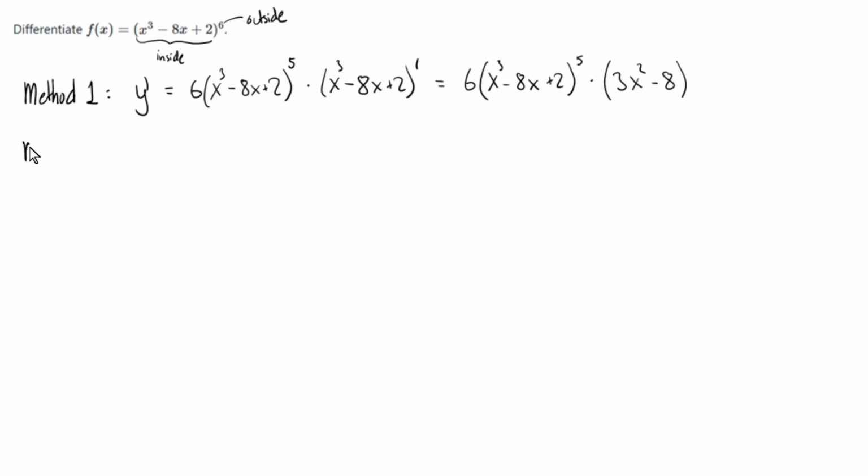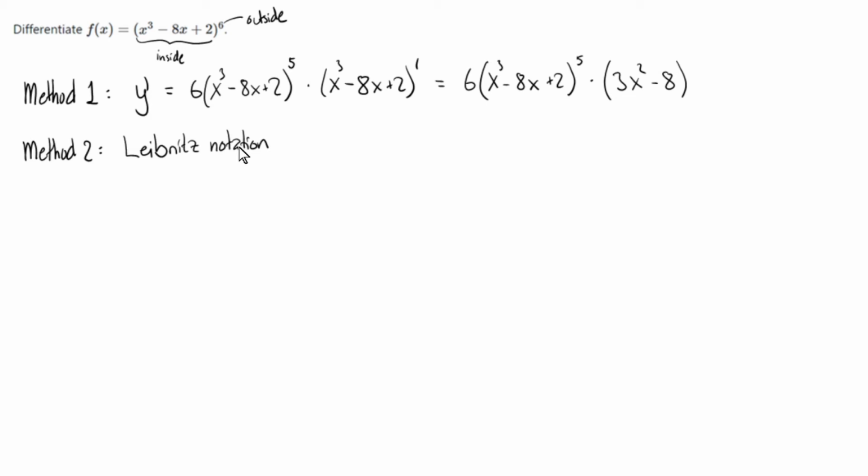Method 2 is using Leibniz notation, which involves more writing, but sometimes when you have very large composite functions, this might be easier.